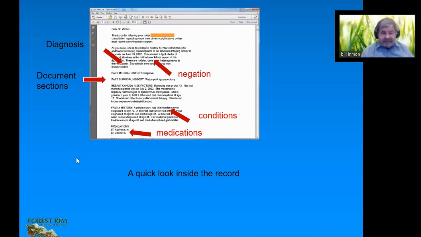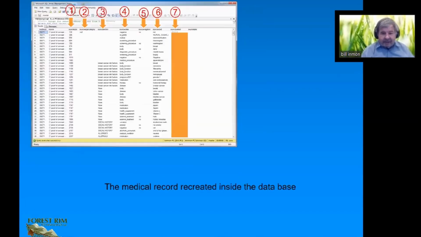So this is what a medical record looks like. And here is the database that's created from analyzing the medical record. And you can see that you can go in and look for the different conditions, medications, and things like that, and find what's in your medical record.